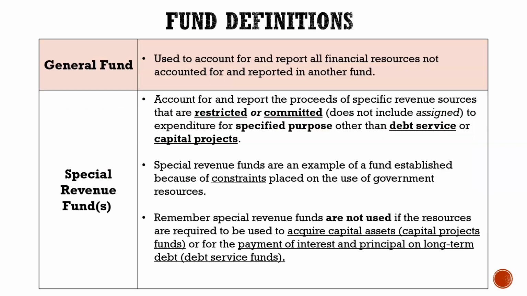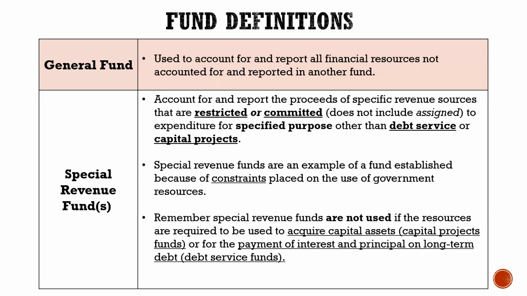So the 2 funds that we're going to be talking about right now, remember these are in the governmental category type of funds, and these are the general fund, which really is kind of a residual fund, right? You can think of it as if monies don't fall into any of the other categories, if there are no constraints on the funds where you can kind of squeeze it into one of the other fund types, it's going to go into the general fund, right?